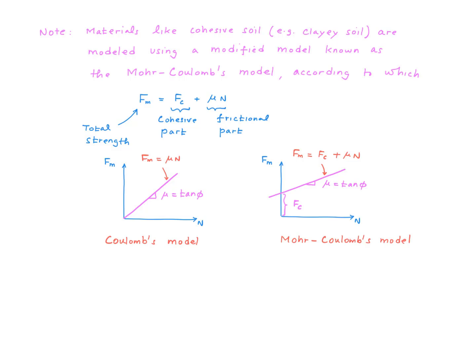We know clay soils are sticky, right? It's like a sticky material. So that stickiness is responsible for this cohesive part Fc. The slope of this line on the cohesive model is mu, right? And similarly, the slope of this line on Coulomb's model is also mu.